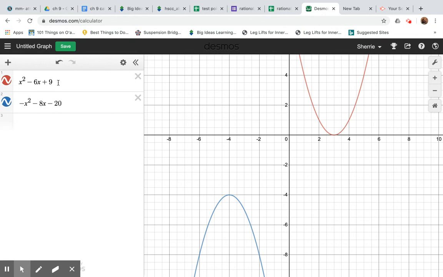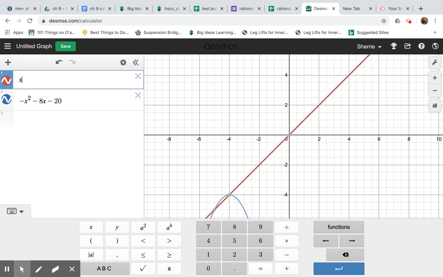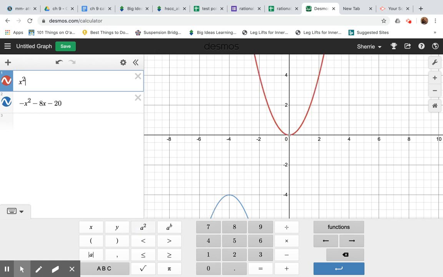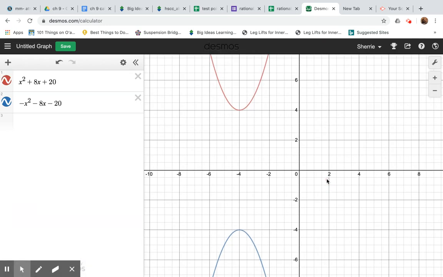Likewise, the other one, if we had moved it this way so that we had x squared plus 8x plus 20, you can see that, yes, the graphs are wildly different, but both of them have no solution. So if you're finding just the solution, it doesn't matter what you multiply the graph by.